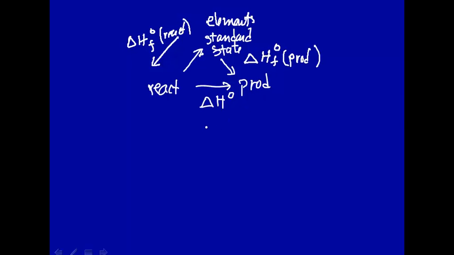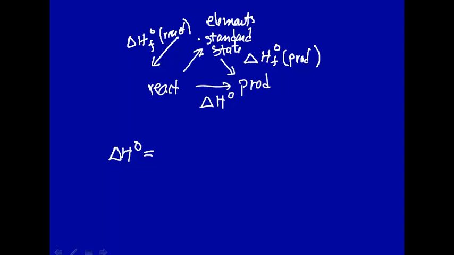Now this is a thermodynamic cycle, so going from here to here is the same as going from here to here and then going from there to there. The enthalpy change will be the same because enthalpy is a state function. So delta H0, the standard enthalpy of that reaction, will be equal to the, now note that this is going that way, so in order to go through this thermodynamic cycle, we're going to have to take the negative of this.